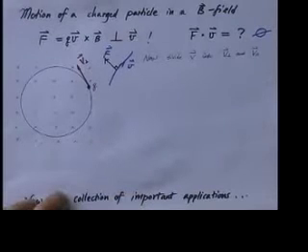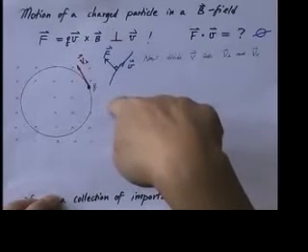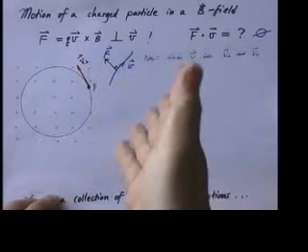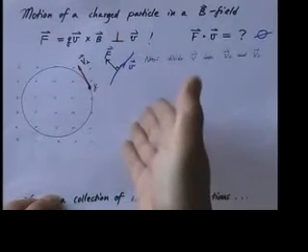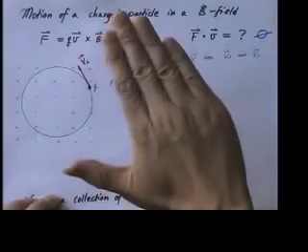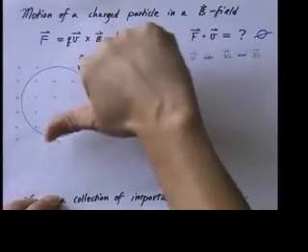First of all, the direction of the magnetic force exerted by the field on such a moving particle, V cross B. V points in the plane of the page, and V is like that. So you use the right hand rule. V going this way, right? And B sticking into the paper, so V cross B points that way.